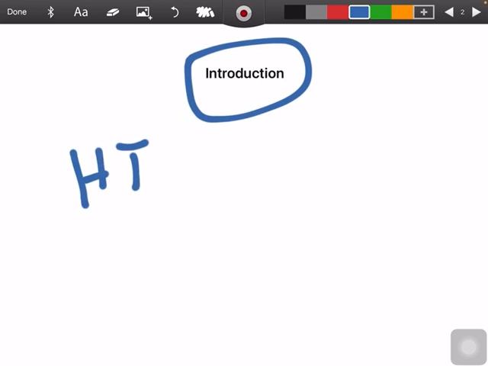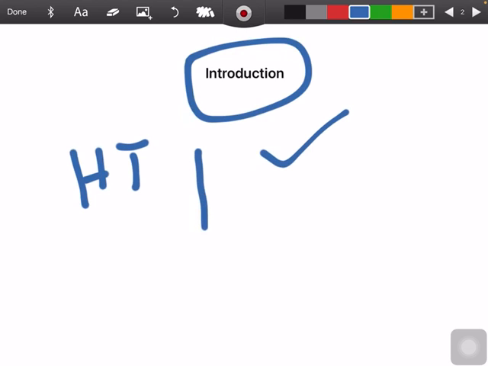Okay, so all of these things we do by heat treatment. So this is a brief introduction of heat treatment, and next we will discuss the different types of heat treatments.